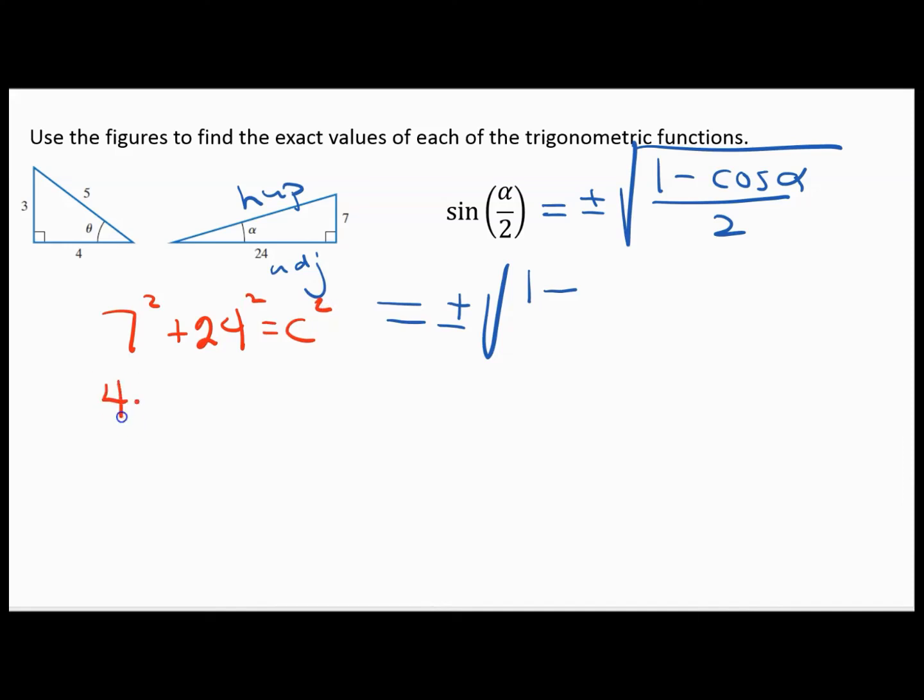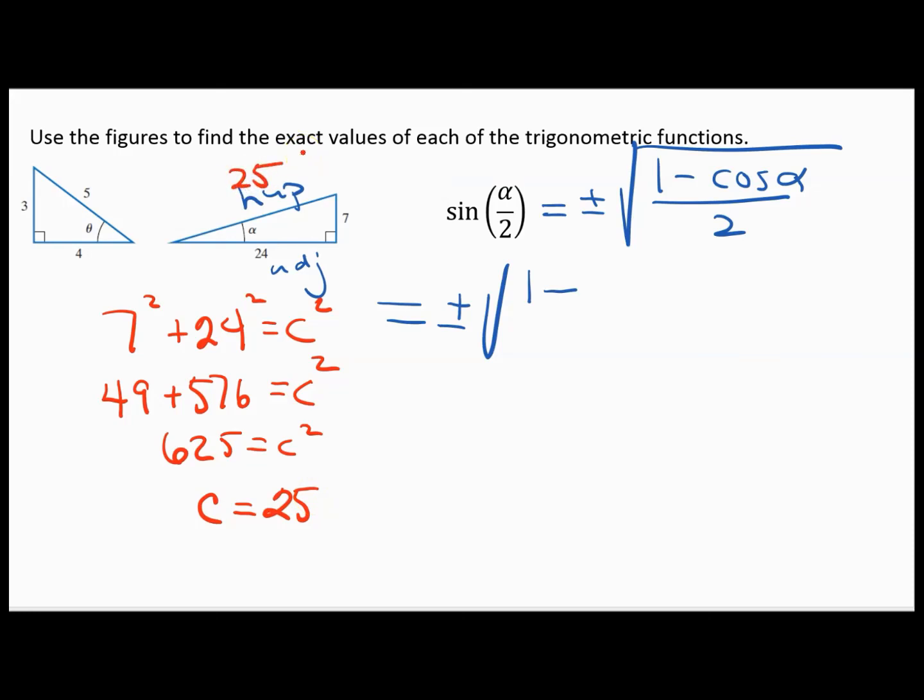It gives me 49 plus 576 is equal to c squared. Add 49 and 576, I get 625 is equal to c squared. So c, if I just solve an equation, would be plus or minus 25. But since we're talking about the length of the side of a triangle, it's just the positive. So I know that this length is 25.